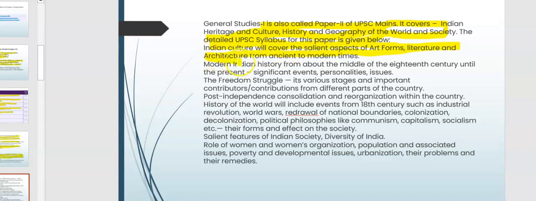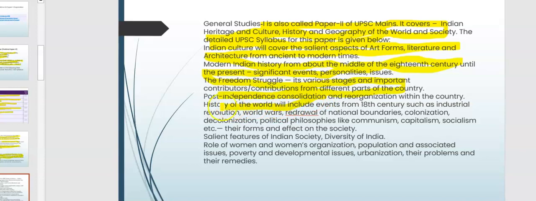Modern Indian history from about the middle of the 18th century until the present, covering significant events, personalities, issues, the freedom struggle, its various stages and important contributions or contributors from different parts of the country, post-independence consolidation and reorganization within the country.